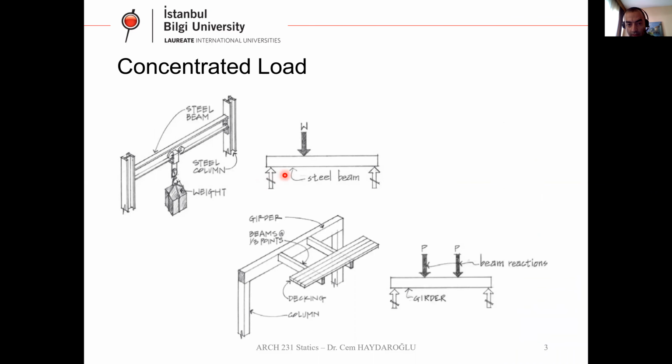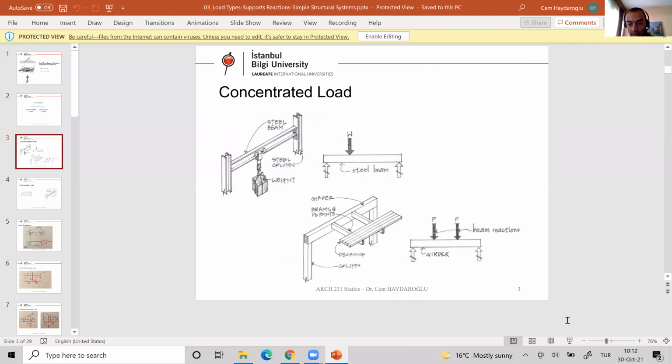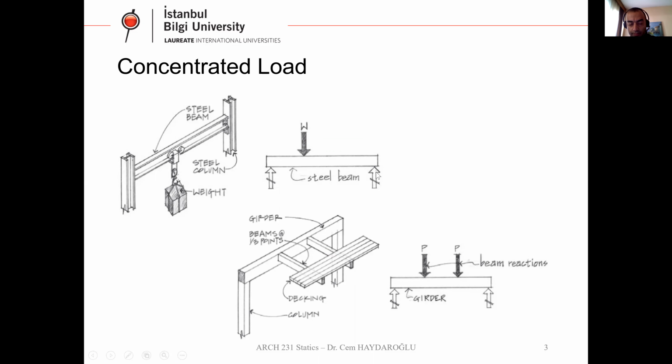How can I write on the screen? Just a second. And then presentation again.